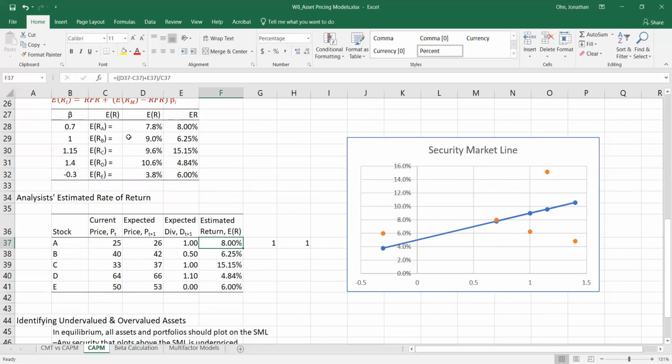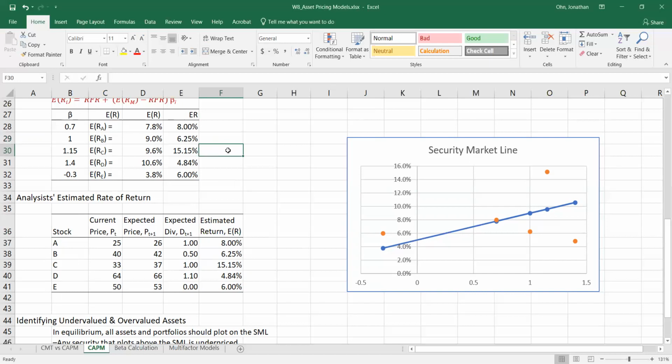Stock B is 9% CAPM return, but the estimated return is 6.25% here. So stock B is overvalued, because the estimated return is lower than the CAPM return.